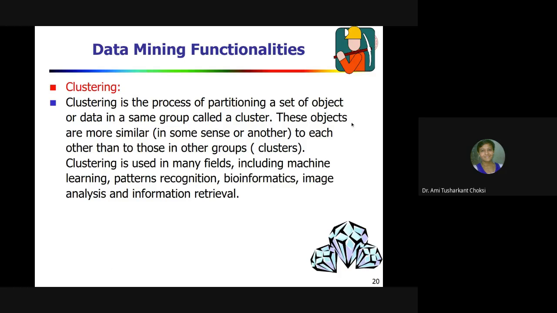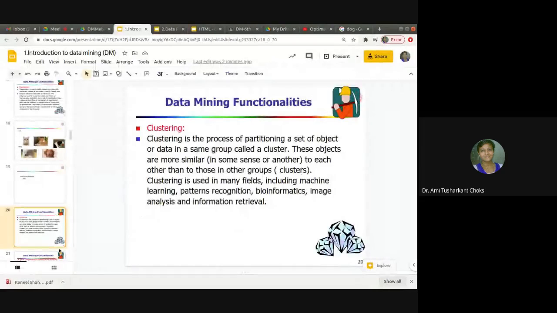These objects are more similar in some sense or other to each other than those in other groups. Clustering is used in many fields, including machine learning, pattern recognition, bioinformatics, image analysis, and information retrieval. Right? So, let us take the example. We can have the idea.